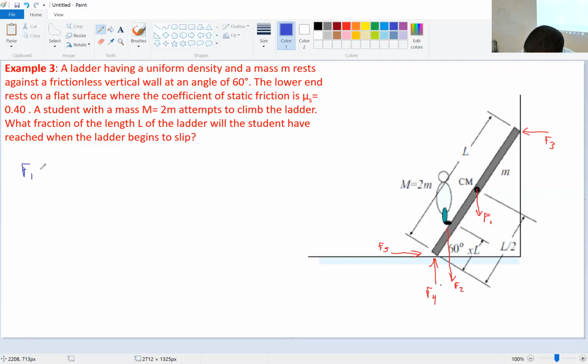So F1, we'll just calculate formulas for these. This is basically the gravitational force. And how do I find that? If I know the mass of the ladder is m, how do I find F1? So force is mass times acceleration. What is my acceleration of the ladder? Yeah, there we go. G, I'll just say g.